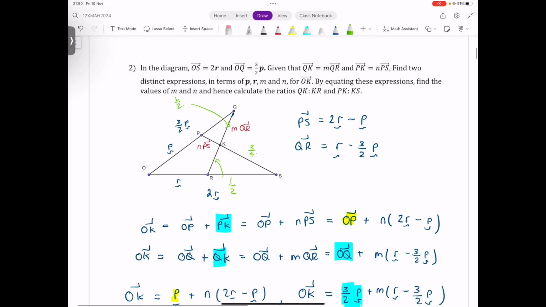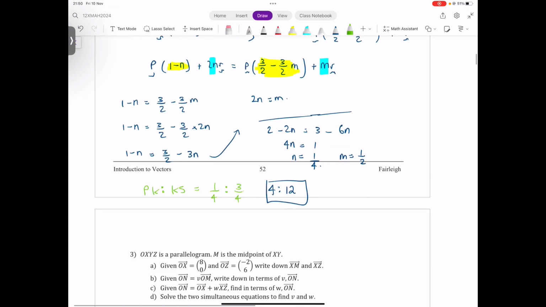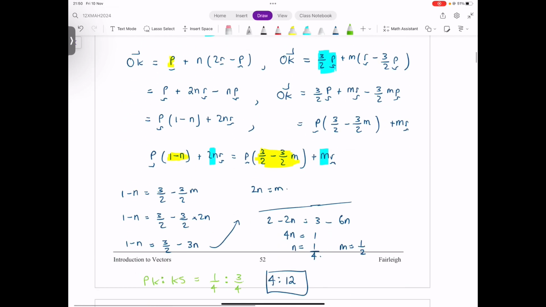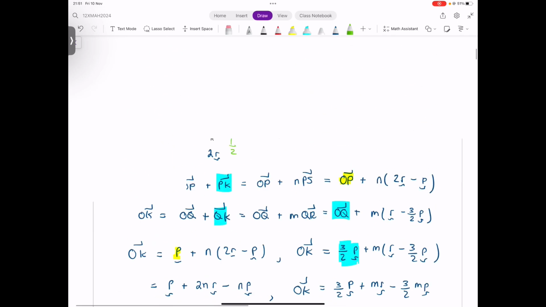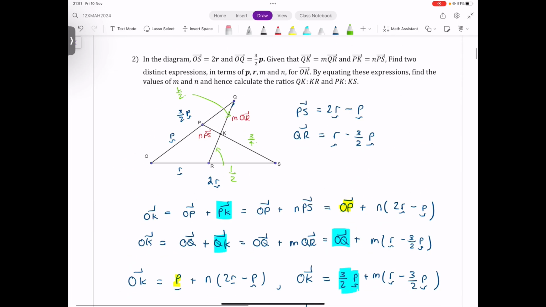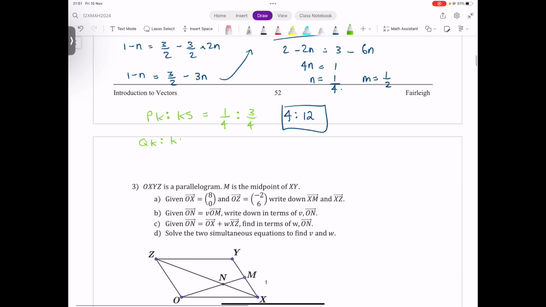So the ratio of QK to KR is a half to a half, which is 1 to 1. And that's our answer there.